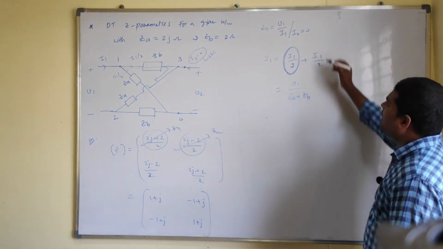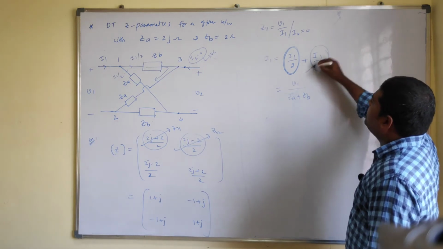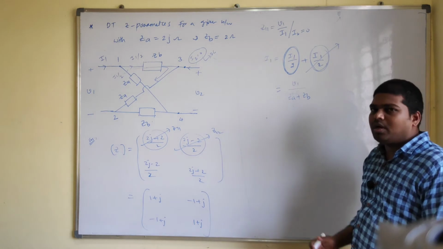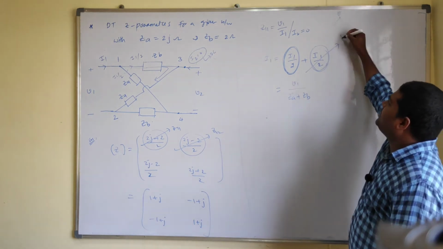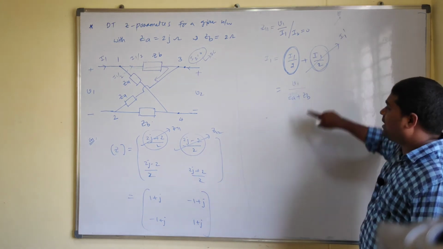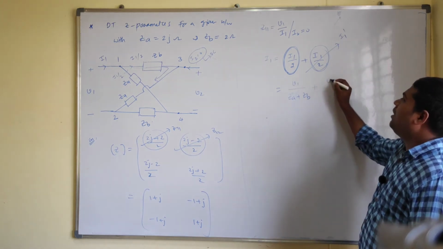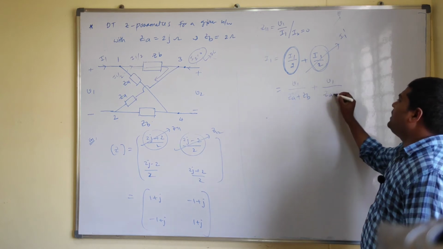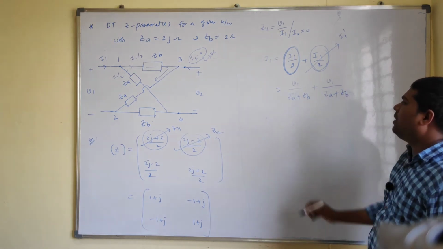In a similar way I am writing the equation for this current. So I1 by 2 is the complete amount of current, otherwise you can treat this as I1 dash, that is also no problem. For this I1 dash of current, I can write the expression as the voltage drop across this particular branch by the total impedance, ZA plus ZB. Now what happened?